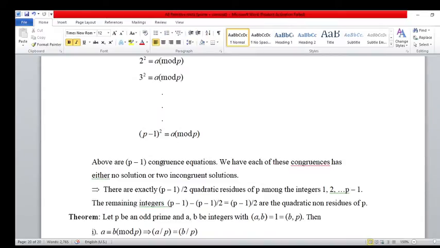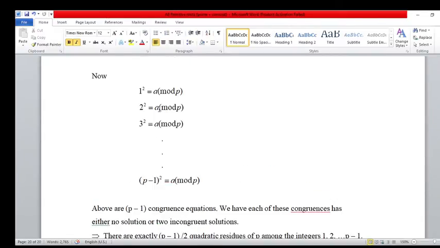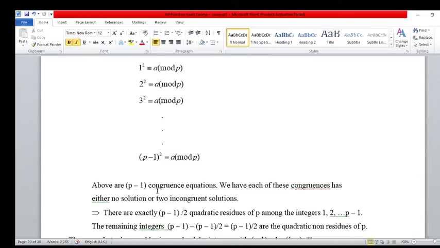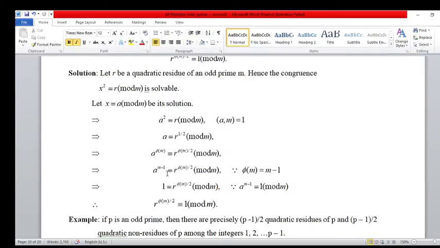These are p minus 1 congruence equations. Each of these congruences has either no solution or two incongruent solutions. This condition is already given in the first theorem.